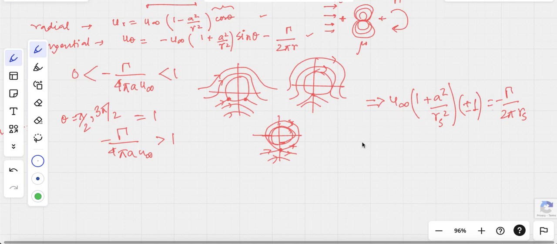So this will be a quadratic equation. So we have u infinity plus u infinity a square by r square is equal to plus or minus gamma by 2 pi r square.